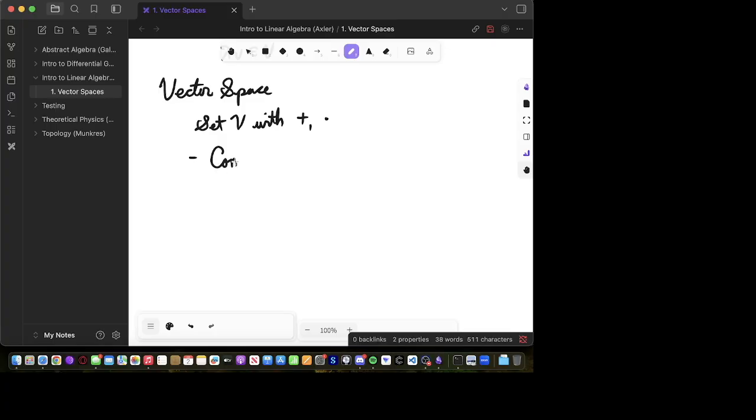Properties of a vector space. Commutativity: u plus v equals v plus u for all u and v in the vector space.